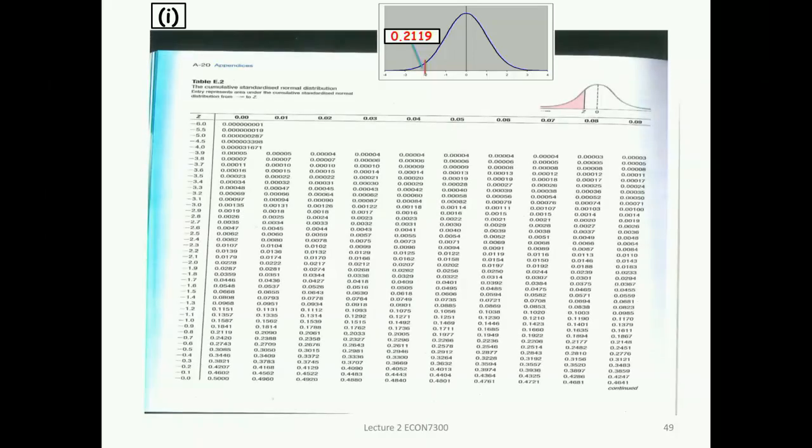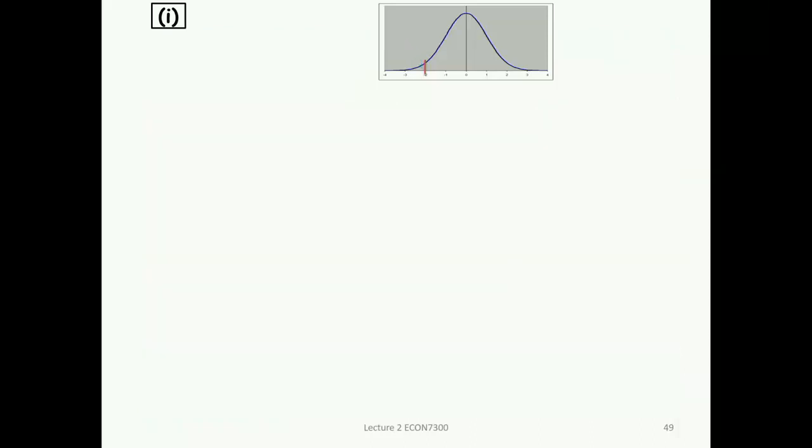So I go to the negative one and try to find 0.2119. So it is minus 0.8. Z is equal to minus 0.8. Sometimes if it is not exactly 0.2119, if it is 0.2118, you can still take this one, the nearest. It doesn't matter. The second question, let me go to the second one.